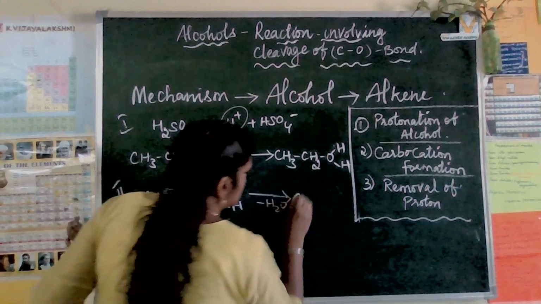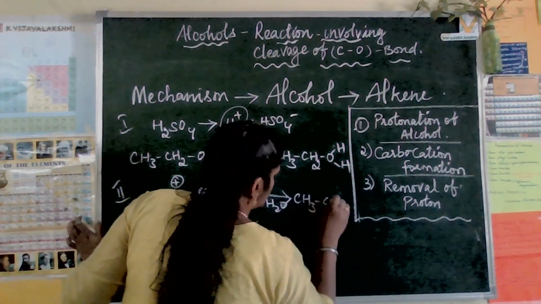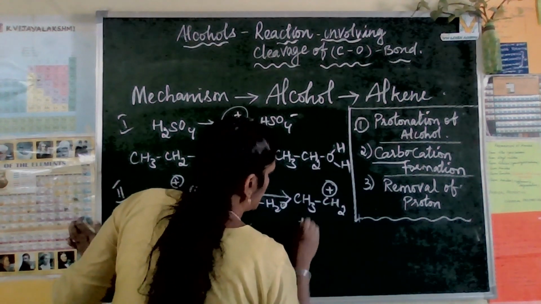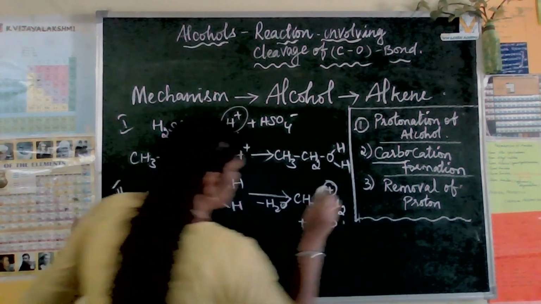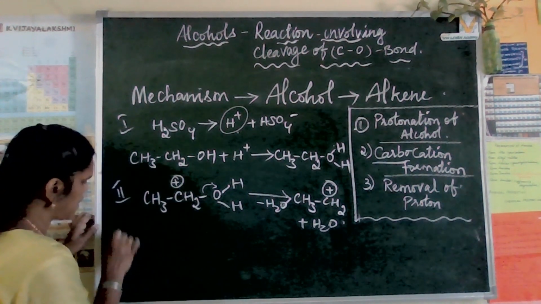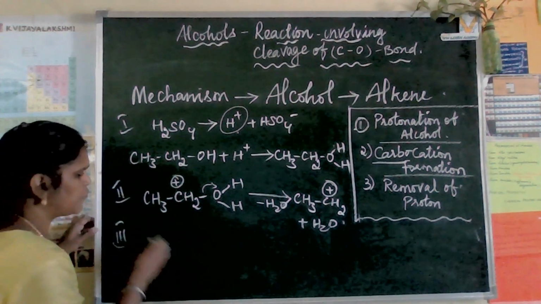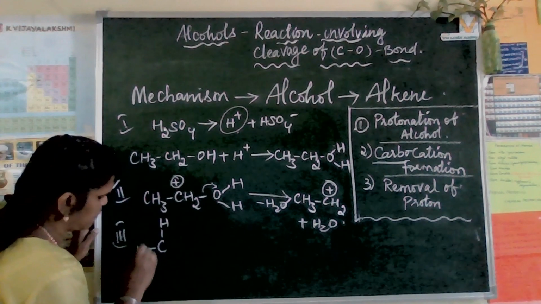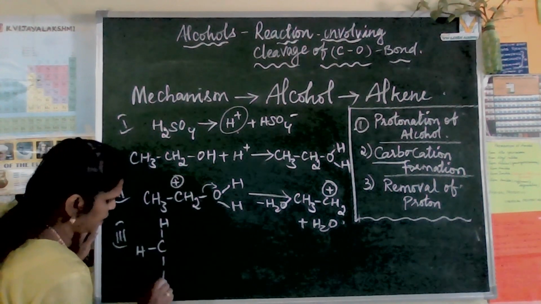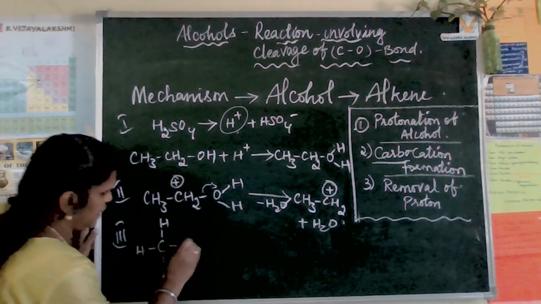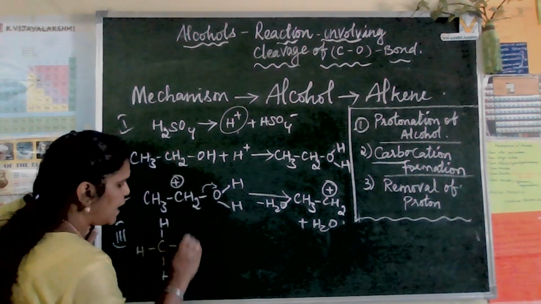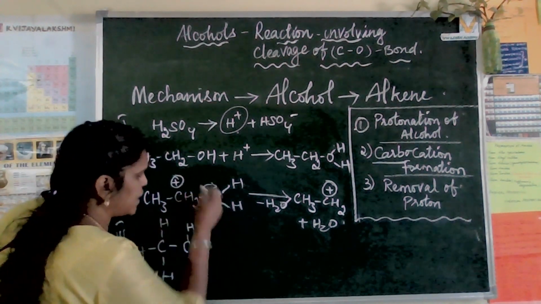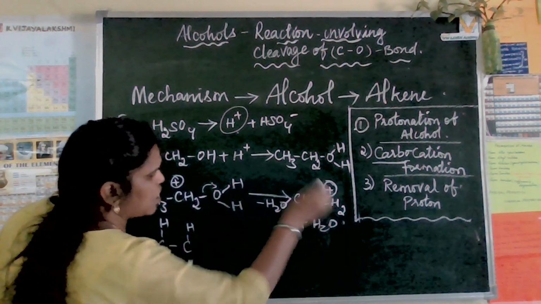CH3 CH2 carbocation formation plus water molecule. Right. Now this carbocation, third step, removal of proton. How to write that? Here hydrogens, CH3, here C with hydrogens. Already the water molecule is removed. This is the carbocation only.